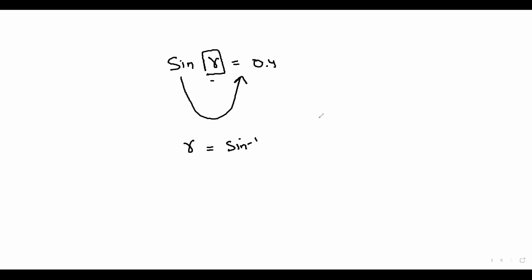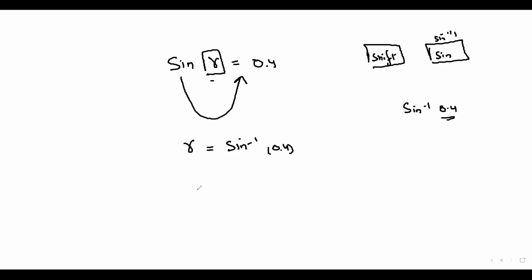There is a button. First you press shift. Then sine is there, and on top of this sine button it is written sine inverse. So when you press shift and then the sine button, it means you are calculating a sine inverse. So it will be sine inverse 0.4, and sine inverse 0.4 will be equal to 23.57.